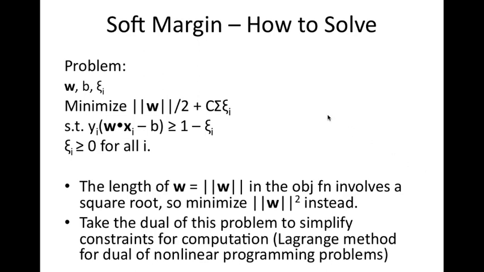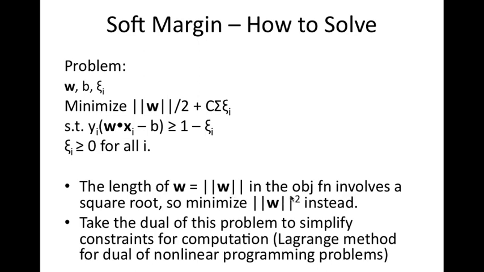So now how do we actually go about solving this? We have the problem that we just set up. It looks kind of like a linear, or not linear, but an optimization problem. The length of vector w in the objective function involves a square root, because remember that was the square root of the sum of the squared terms, the components of w.